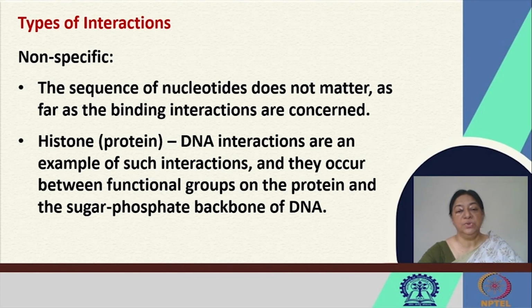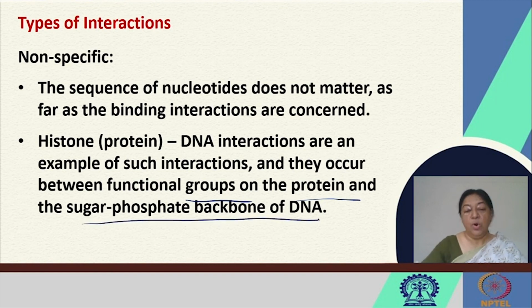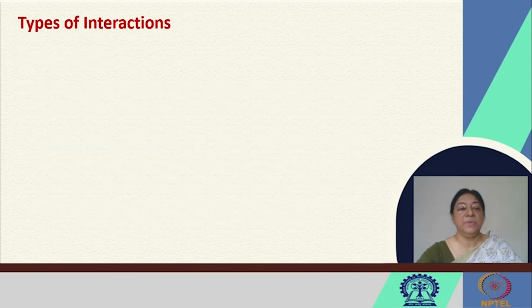The histone protein DNA interactions are an example of such interactions, and they occur between the functional groups on the protein and the sugar phosphate backbone on DNA. We know that the sugar phosphate backbone of DNA is negative, so we would like to look at positive functional groups on the protein. These are the specific amino acids.